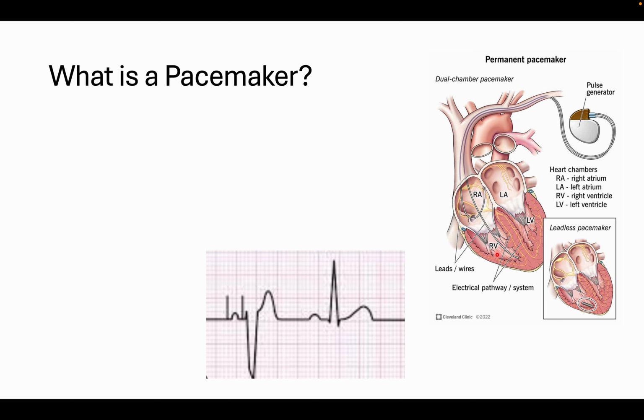In the ventricular lead, they'll be able to detect the intrinsic conduction down the His bundle system. They'll also be able to detect ventricular ectopics as well. The pacemaker leads are also able to stimulate the heart whenever needed, and we'll explore how they're able to do that in a moment.